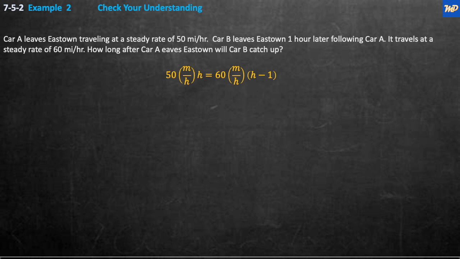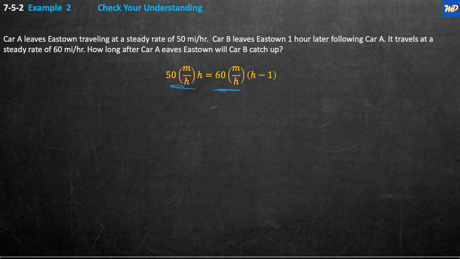And the time leaving, instead of a half an hour, is an hour. So we have 50 miles per hour, right here, is equal to 60 miles an hour times, here's this distributive property where we had x minus a half in the previous problem. Here we have h, which is any variable we want to use, we can do that. And here it's for hours, I guess.